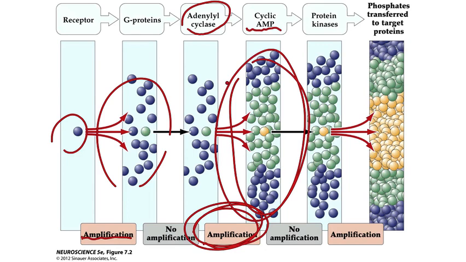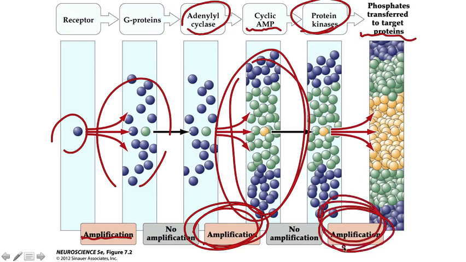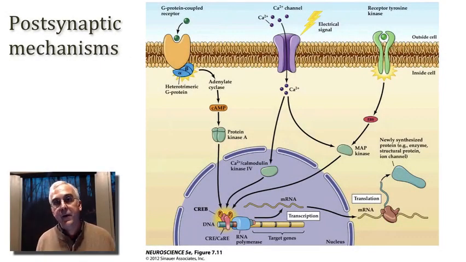These cyclic AMP molecules then can interact with protein kinases, which leads to the massive phosphorylation of numerous target proteins. So significant amplification is the end result of activating a G protein-coupled receptor. G protein-coupled receptors can not only activate conductances in the postsynaptic cell, they can also interact with transcription factors that can modify gene expression.